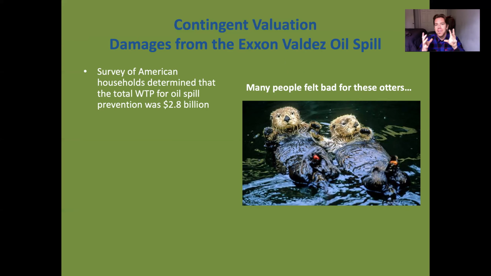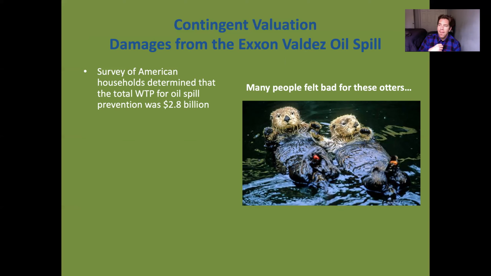These surveys are designed in complex ways, but that's the ultimate question they were trying to get at: how much do people value this pristine wilderness? How can we put a dollar value on it, right? And ultimately, this contingent valuation approach determined that people would be collectively willing to pay about $2.8 billion to prevent oil pollution from entering this area, right?